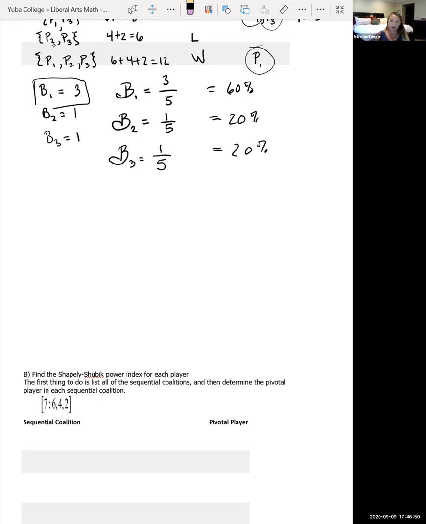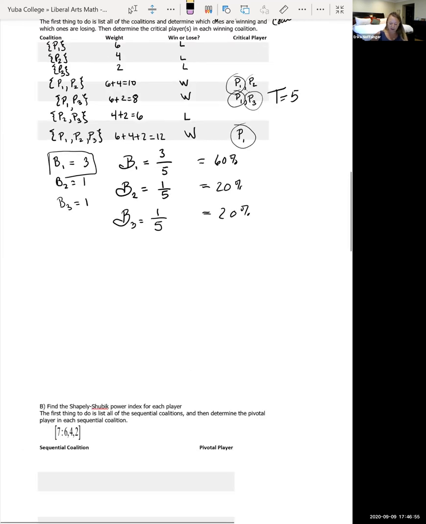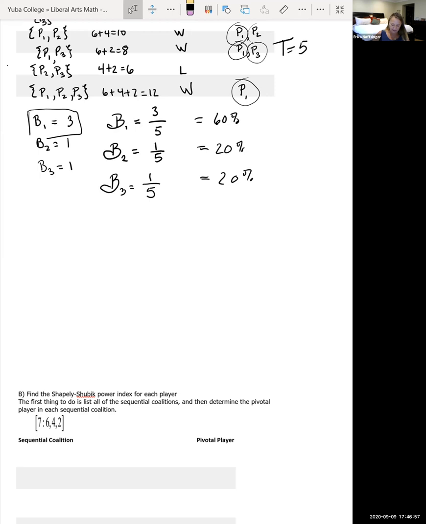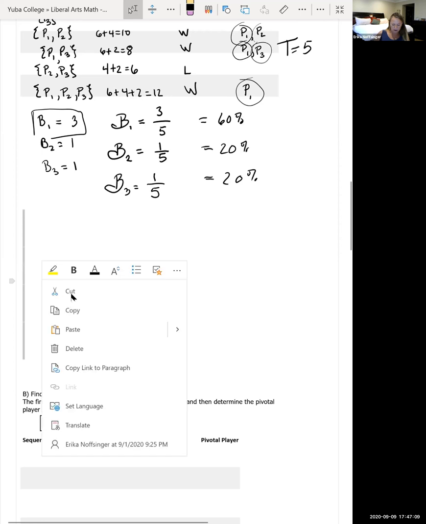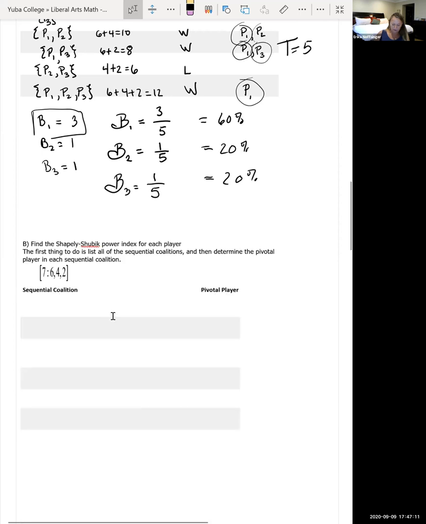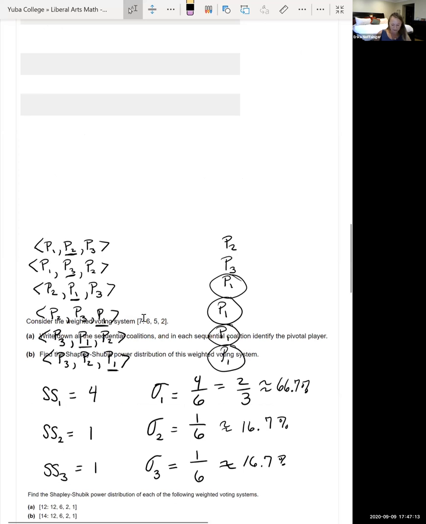The same voting coalition, player 1, player 2, player 3, same weight. Just again, get rid of this if I can. And I don't know what I did.